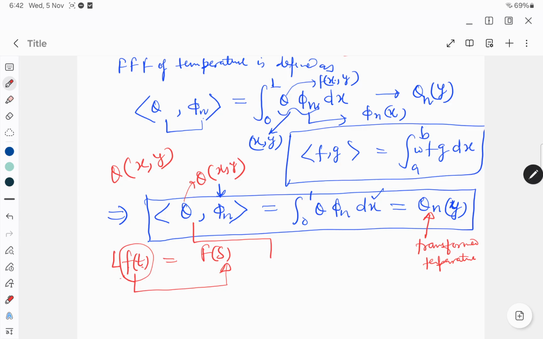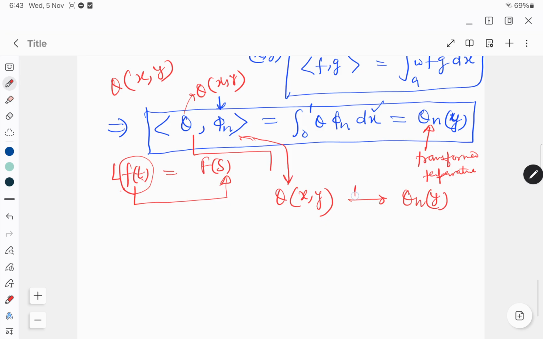What you see here is that on this side theta is a function of x and y, and it has been transformed to theta n, a function of y. Once you have taken the FFT one time, one spatial variable has been reduced. What does it mean? If you have a partial differential equation in theta, you will get an ordinary differential equation.